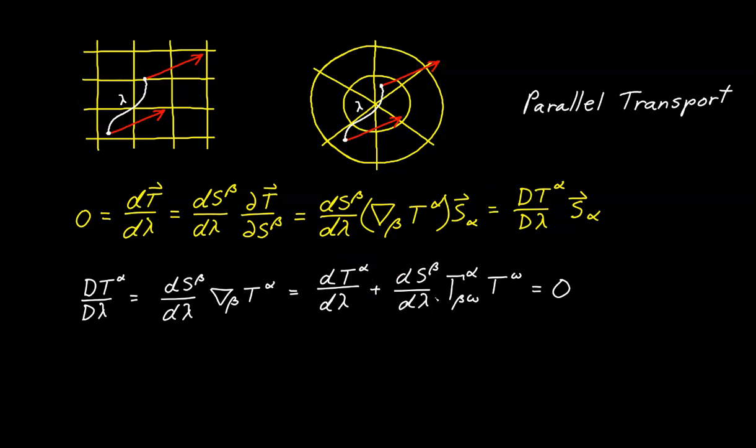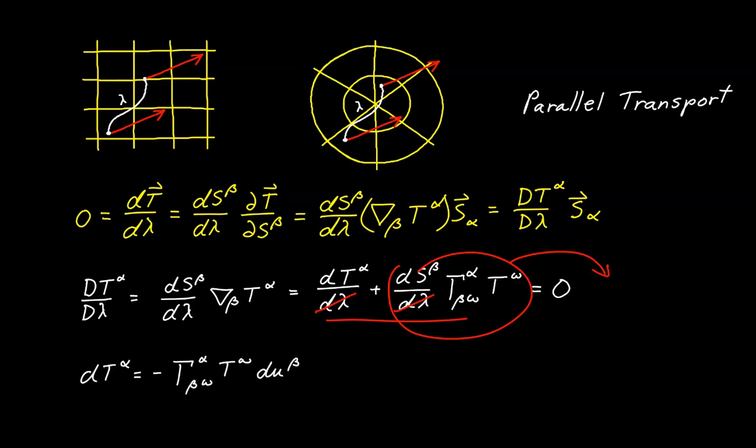Now there's one other form that's quite useful. Because all of this is equal to 0, we can take this portion, move it to the other side of the equation, and reverse the sign of it, and then we can get rid of d lambda here and turn this into a differential expression. And it's going to look like this. The differential of our vector component would be equal to the negative of the Christoffel symbol times the vector itself times this vector.